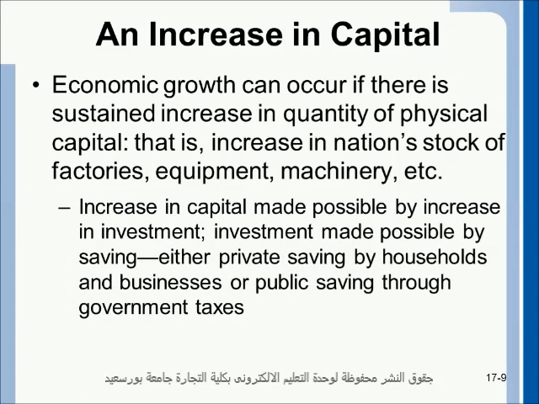Increase in capital is made possible by increased investment. If we need an increase in capital, we must increase investment. And investment is made possible by saving. Saving leads to investment, which leads to an increase in capital.